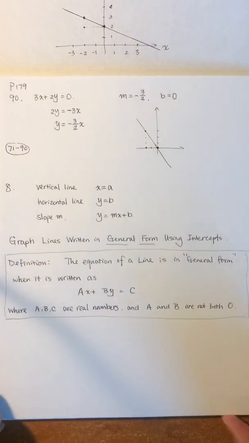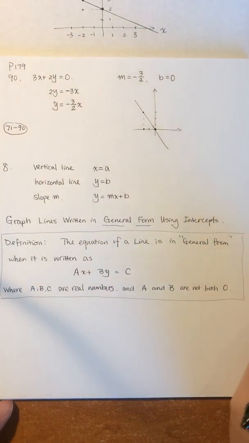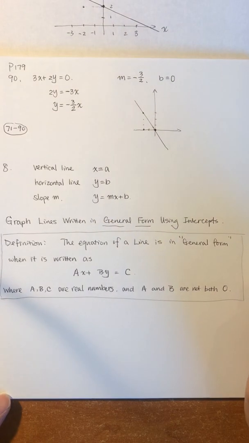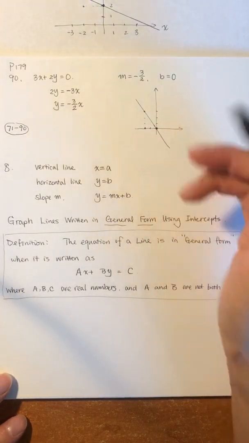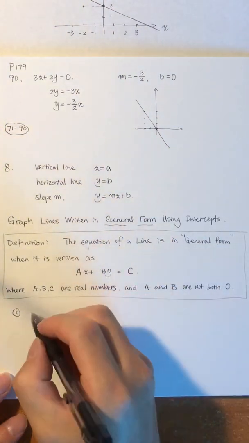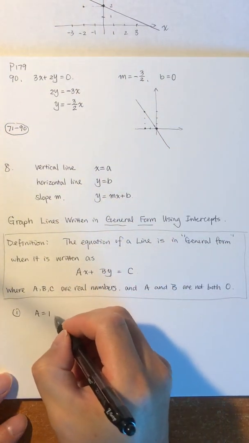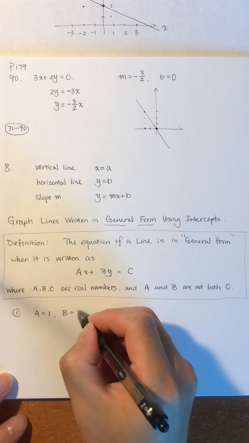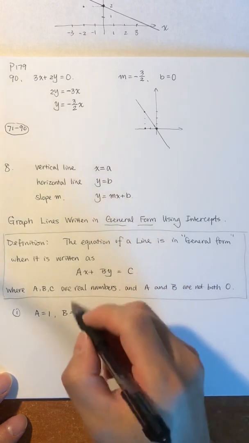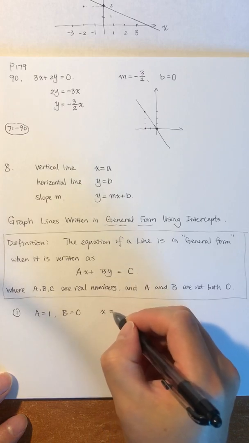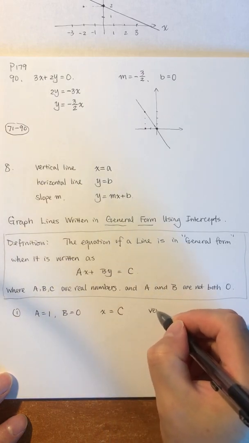Now let's see why we say it's a general form. Because a general form will cover all possibilities. For example, if a is 1 and b is 0, there's no y, so you will get x equal to c. This is a vertical line.